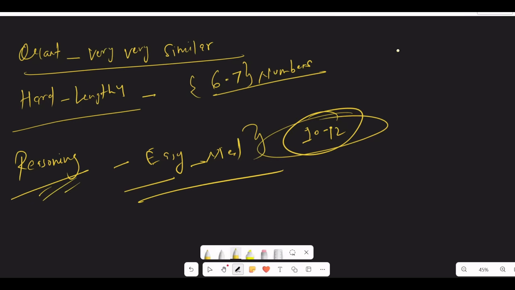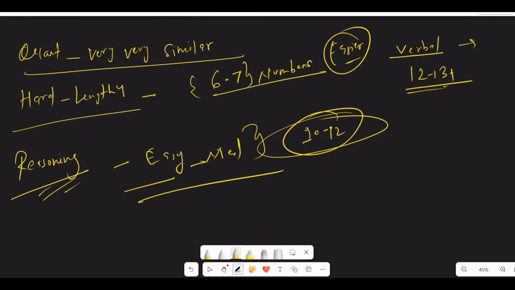For verbal, the verbal was actually easier compared to the previous shifts. In some shifts the verbal was difficult, but in today's shift, compared to the last shifts, the verbal was easier. So the cutoff can increase a little bit, and I am expecting the cutoff for verbal to be 12 to 13 plus.